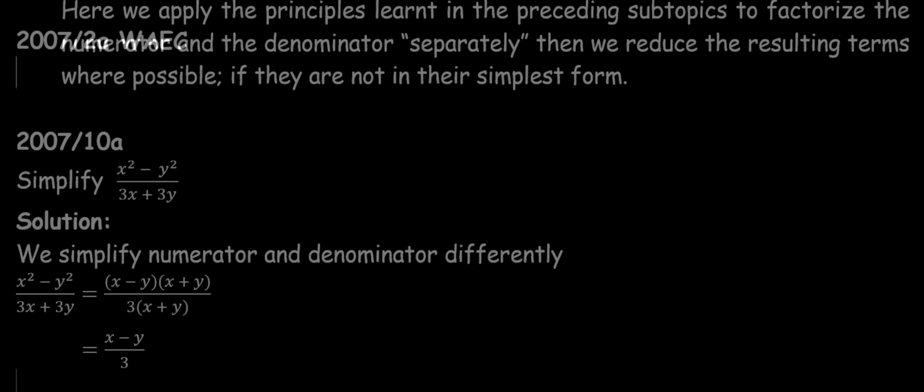Another example. Simplify x squared minus 8x plus 16 in the numerator divided by x squared minus 7x plus 12 at the denominator. Solution. We factorize numerator and denominator differently, as our given problem, which is x squared minus 8x plus 16 at the numerator divided by x squared minus 7x plus 12 at the denominator, will be equal to, when you look at the numerator, we have a quadratic expression there.